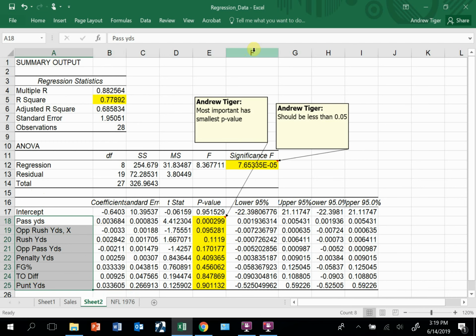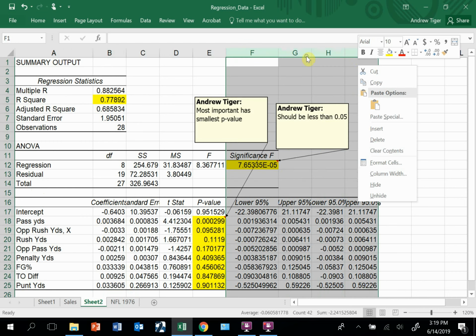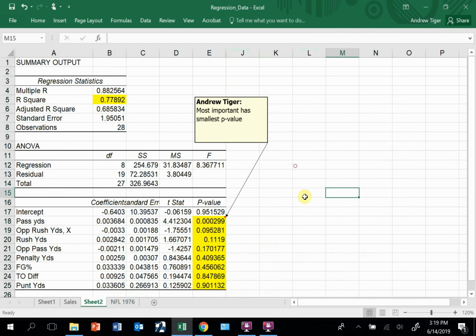So I'm going to hide some columns, and then I'm going to put over here the x values, and for the intercept I'm going to put 1. I'm going to put some numbers in here so I can multiply this times this plus this times this plus this times this.